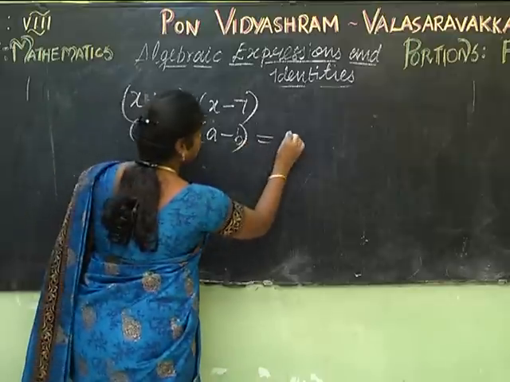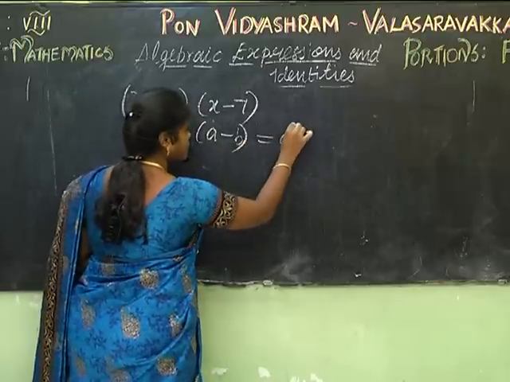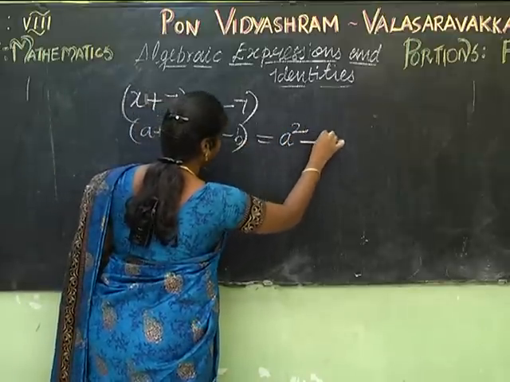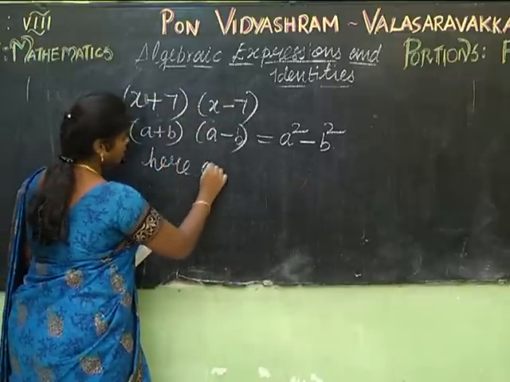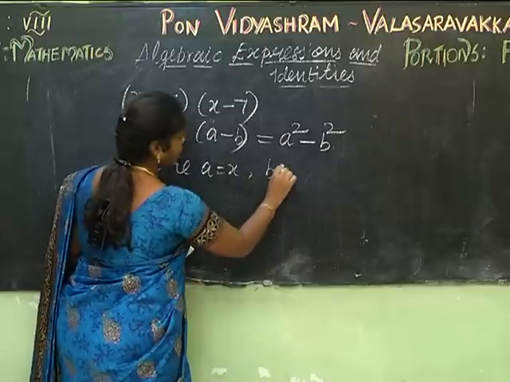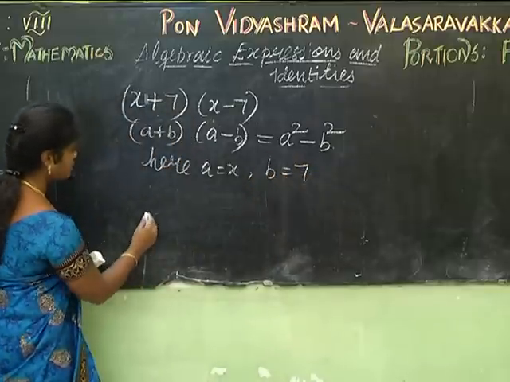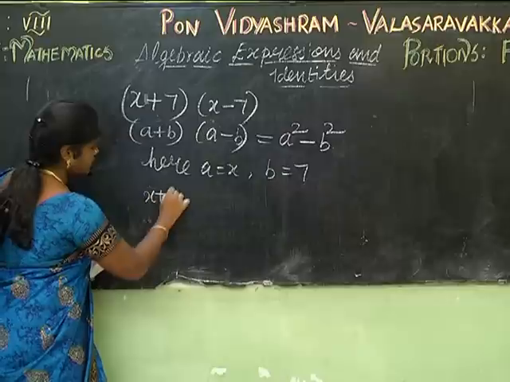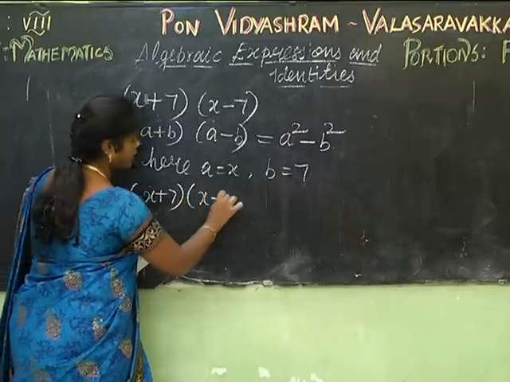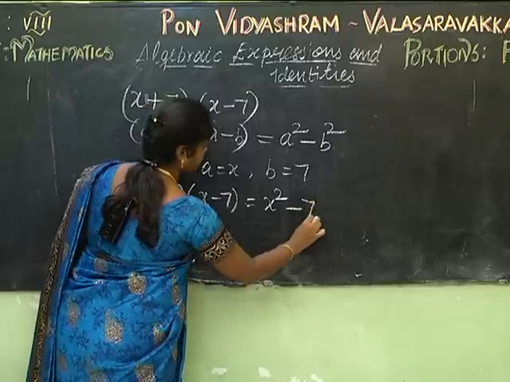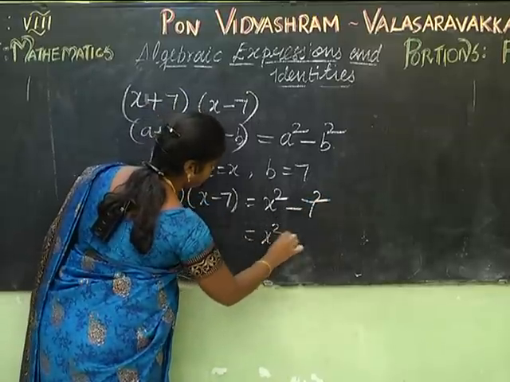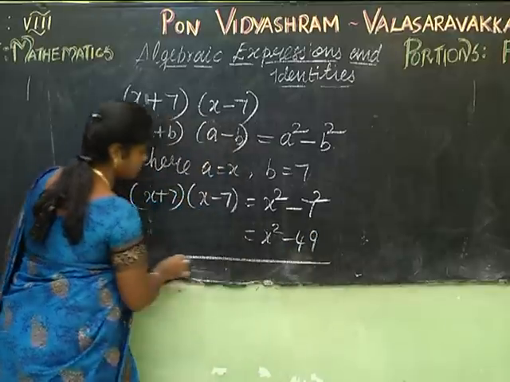So what is the answer for this identity? (a plus b) into (a minus b) is nothing but a square minus b square. Here a is equal to x, b is equal to 7. So the answer is (x plus 7) into (x minus 7) is equal to x square minus 7 square. 7 square is 49. So this is the final answer.